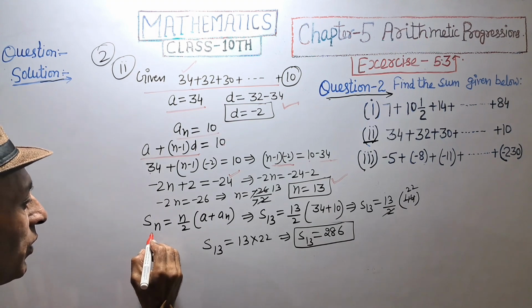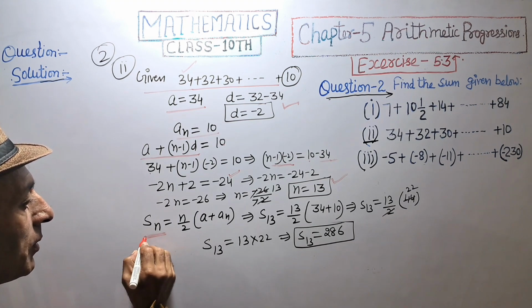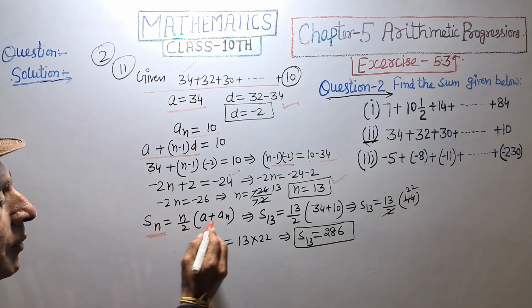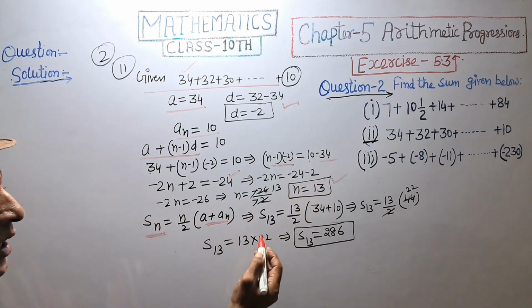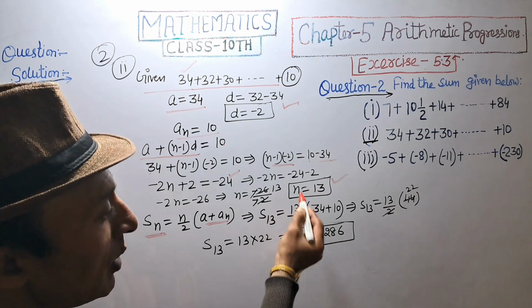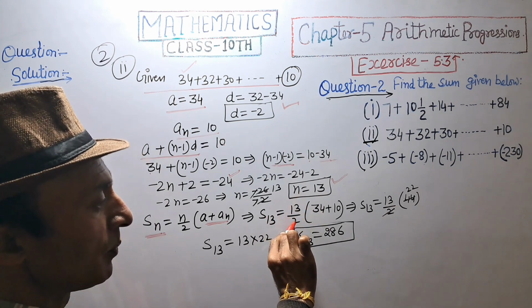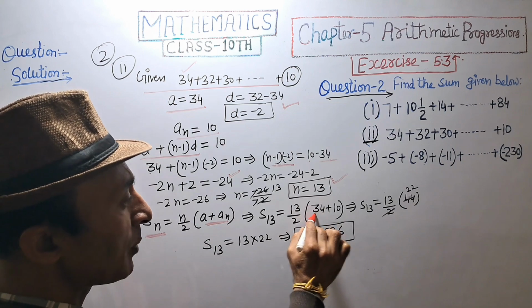We want to find the sum of n terms. Sn is equal to n by 2 times a plus an, but n is equal to 13. So S13 is equal to 13 divided by 2 into a plus an.